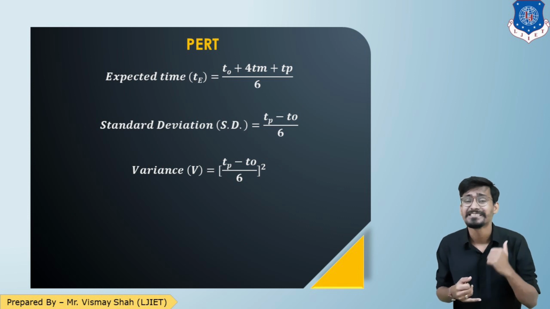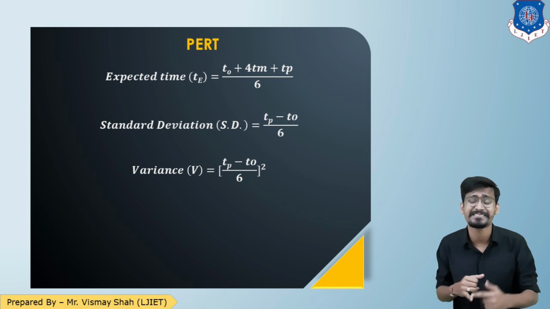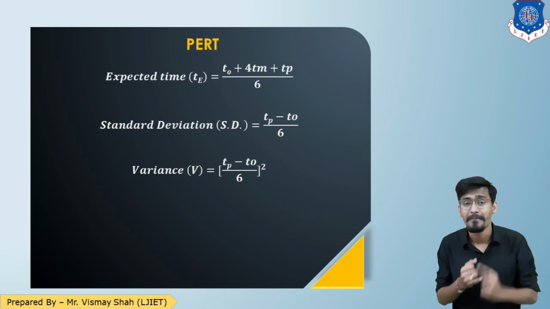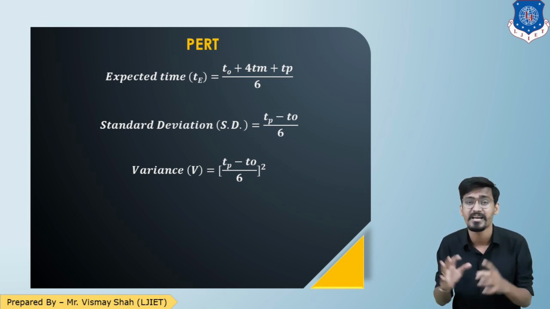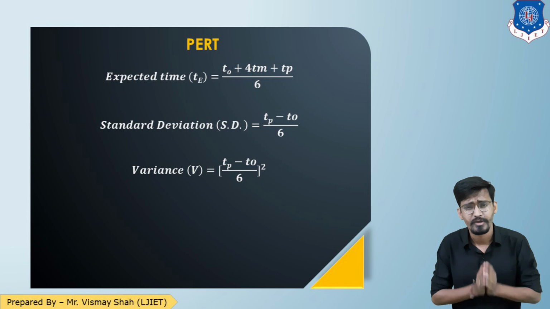The first is standard deviation: the formula for standard deviation is TP minus TO divided by 6. And the formula for the variance is TP minus TO divided by 6, the whole square. So these are the 3 formulas which will be very helpful in the calculations of PERT numericals.